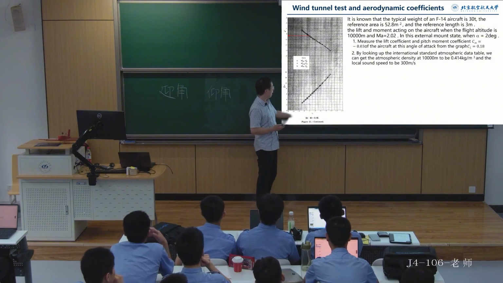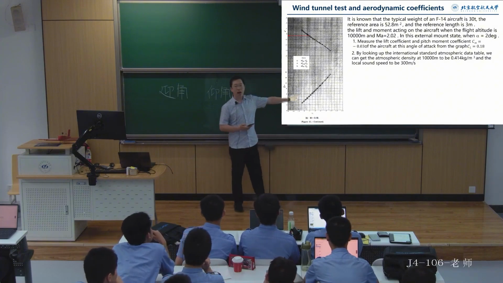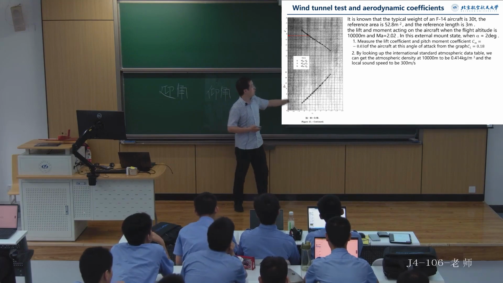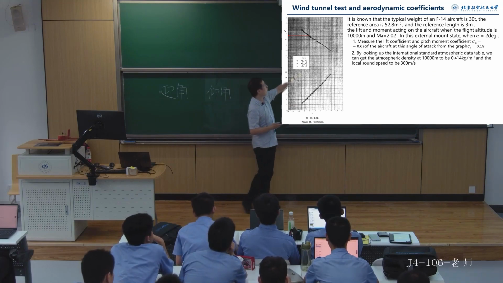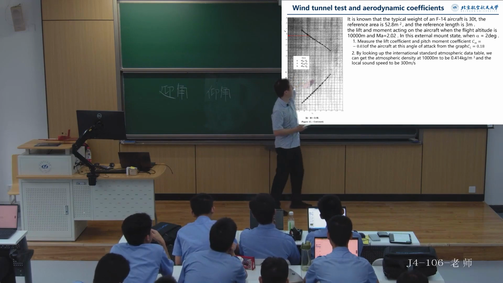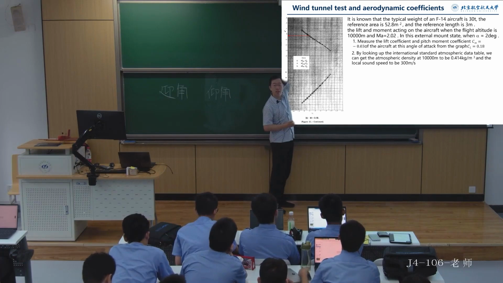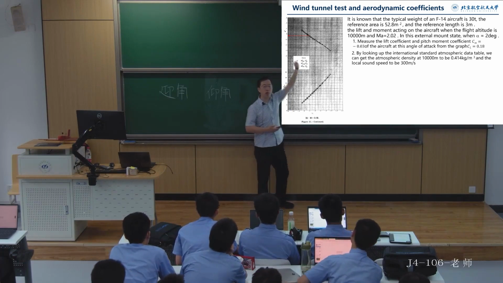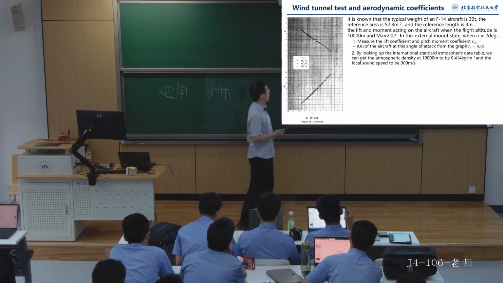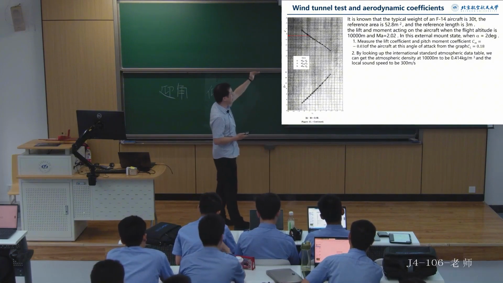Can you see it clearly? Alpha is the angle of attack measured in degrees. And then, the second coordinate is in this upper section. The letter here is the pitching moment coefficient.